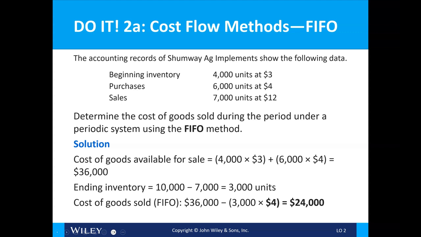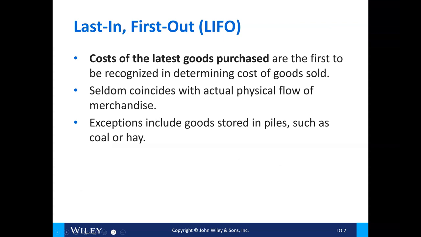And so we're going to take the ending inventory of 3,000 times 4. So the cost of goods sold is 36 minus the inventory that we have still on hand, and cost of goods sold is going to be $24,000. So again, cost of the latest goods purchased are the first to be recognized in determining cost of goods sold.